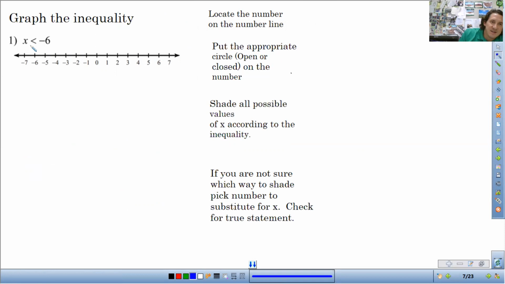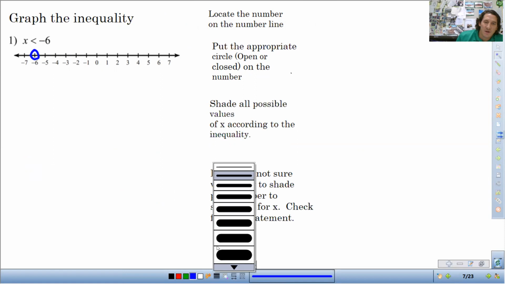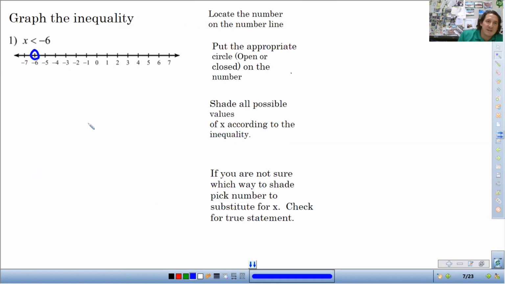Since this has no line underneath it, it's an open circle. Then you're going to shade all possible values of x according to the inequality. This is telling me that x is less than -6, so I need to shade all values less than -6, and those are going to be to the left. So it's just a little shading portion here. And that's it.